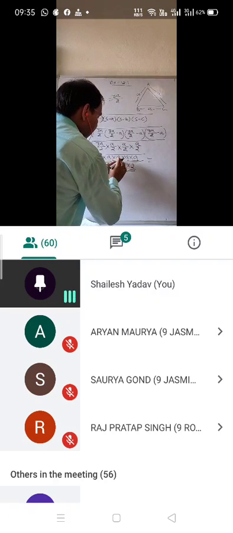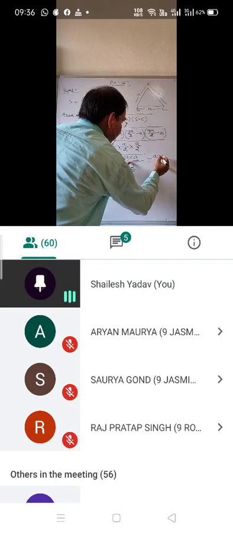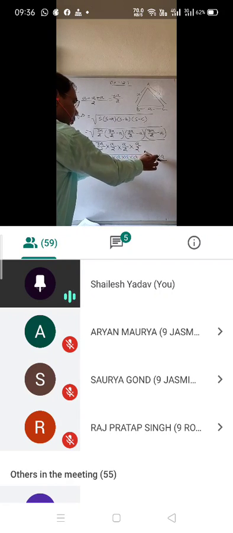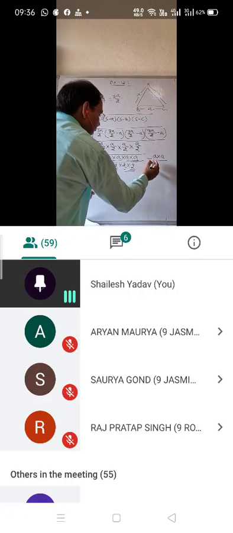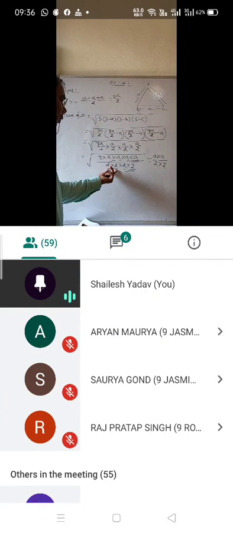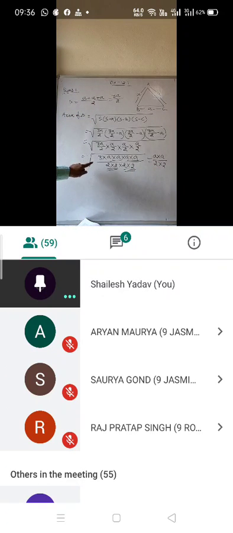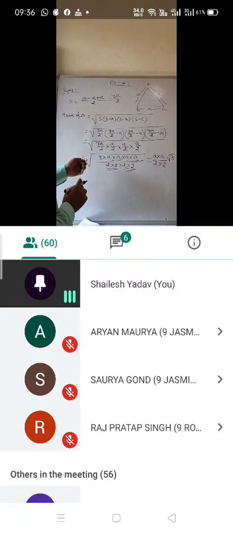So one a from each pair of a comes out, upon 2 into 2, one 2 from each pair. Which value is unpaired? That is 3. 3 is not having a pair, so 3 will stay in the root.